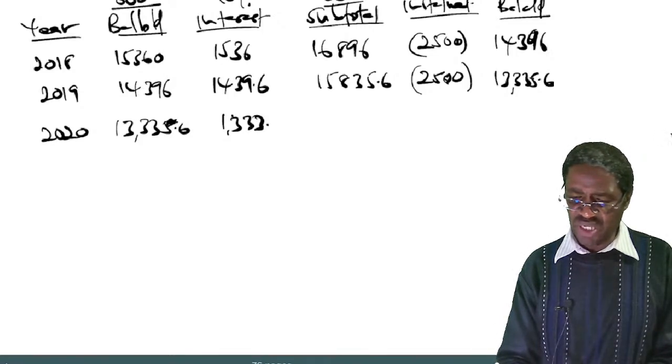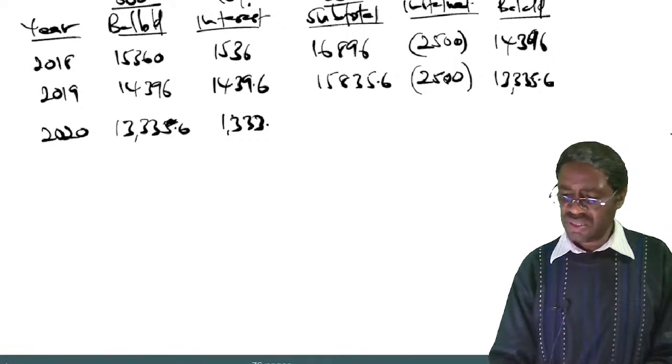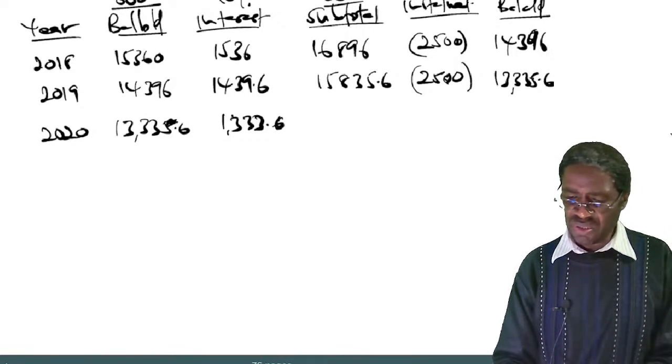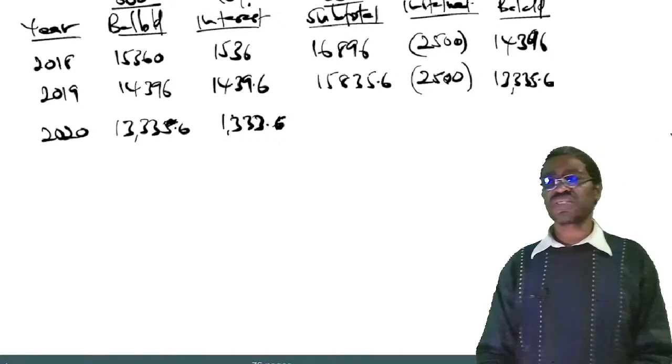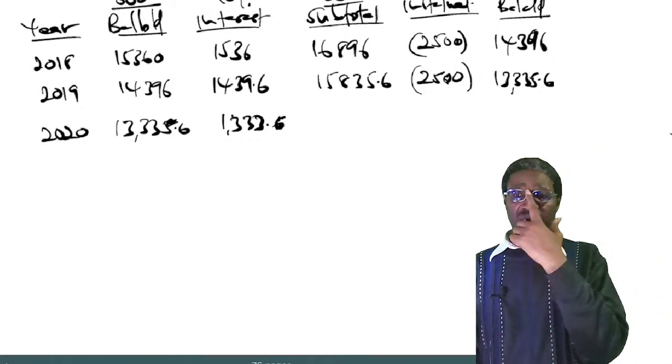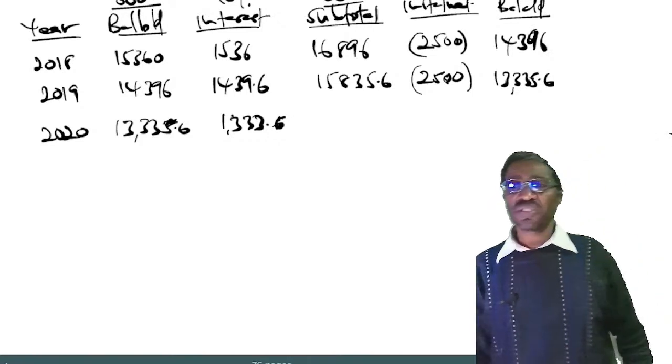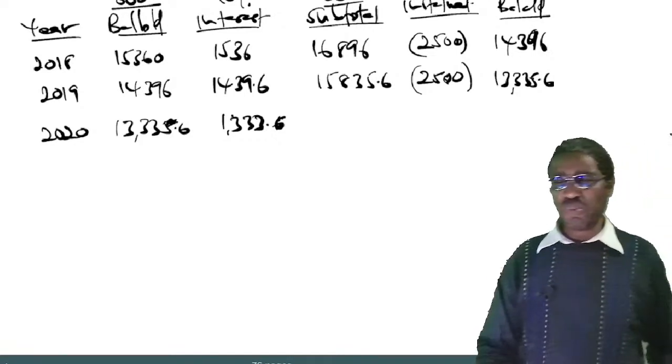Let me make it 1 decimal point, 1,333.6. I've taken 10% of that amount and I'm placing it to 1 decimal point.